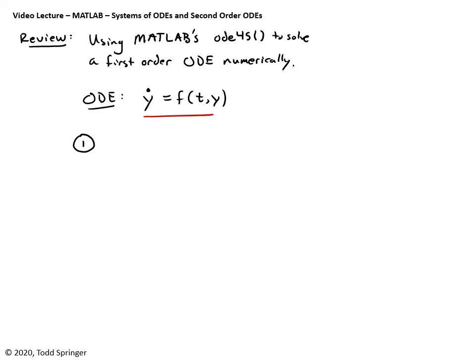In MATLAB, you first define the function f, which is the right-hand side of that equation. So I would type something like f is equal to a function of t and y, and then whatever the particular function is goes here.